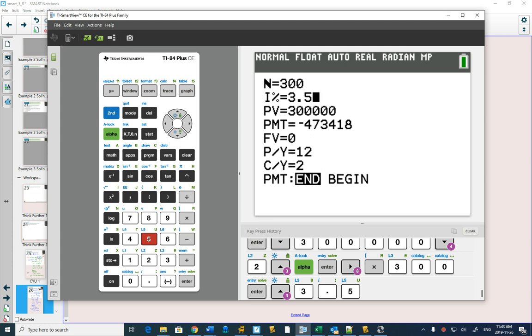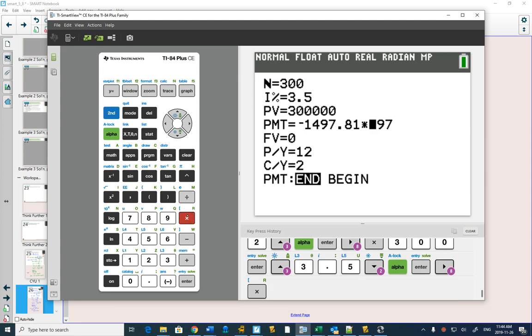So at 4%, you paid $473,000. At 3.5%, so we can go alpha solve, now you're paying $1,497 a month. If we times that by 300, $450,000 or $449,000.